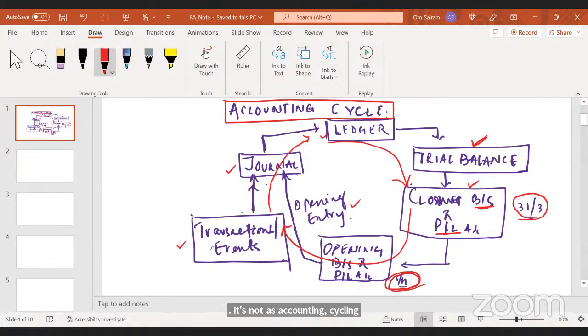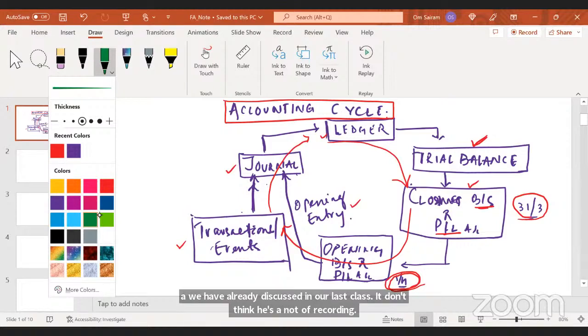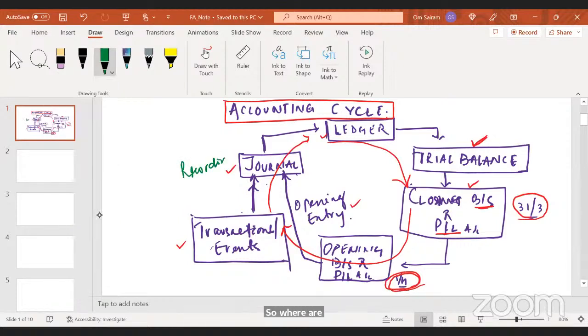So accounting cycle consists of a series of processes. If you look at the definition of accounting, as we have already discussed in our last class, first, accounting is an art of recording. Where are we recording? We are recording in the books of journal. After recording, what are we doing?